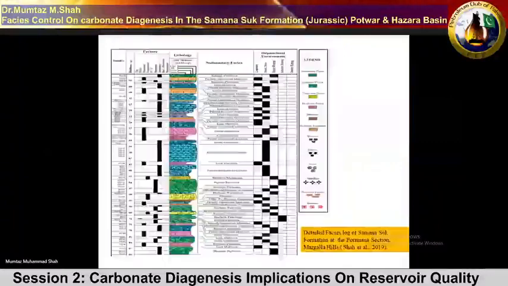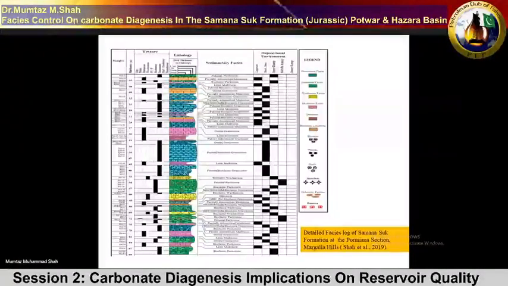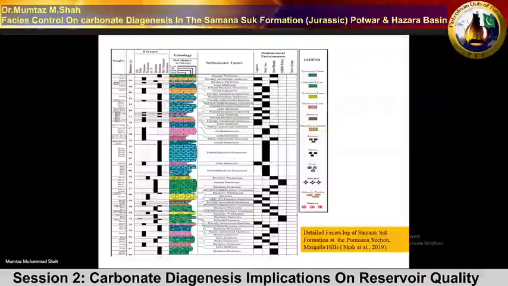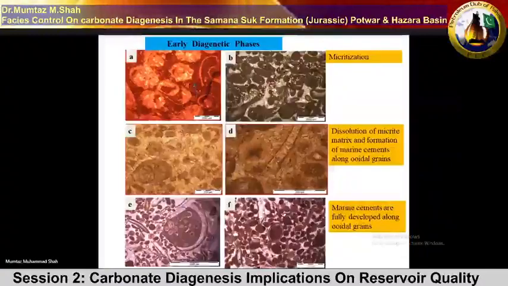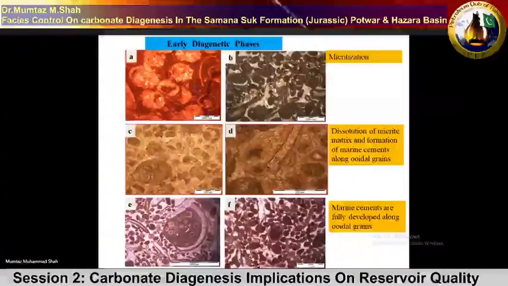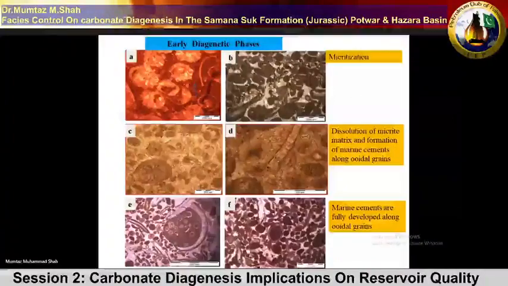This is the detailed facies log of the Samana Suk Formation in one of the lithologies, which represents an inner ramp to shoal or bar related depositional environment of this particular formation. Some early diagenetic phenomena can be seen over here, associated with micritization, then the dissolution of the micrite.